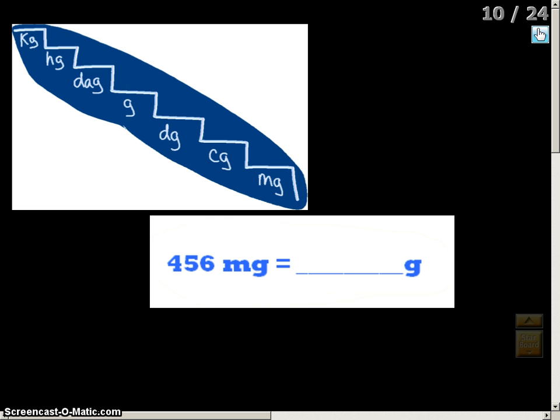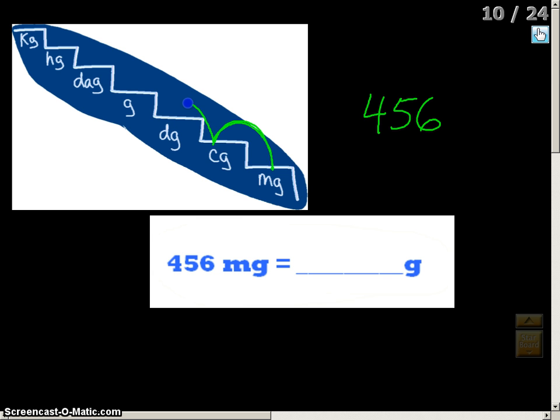Let's take a look at another one here. Now I have 456 milligrams equals how many grams? First of all, I'll just rewrite my 456. Then I'm going to start at my milligrams and move up to my grams. Start at my milligrams. It's important that you do not count the milligrams as a step, but once you move to the centigrams, that's a step.